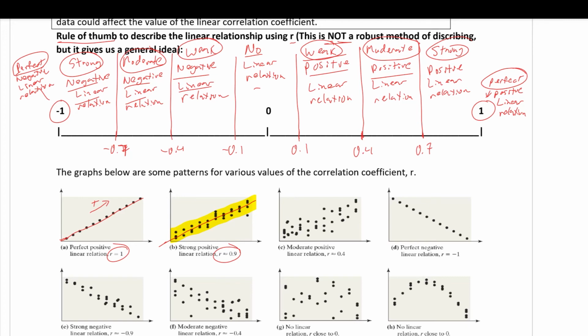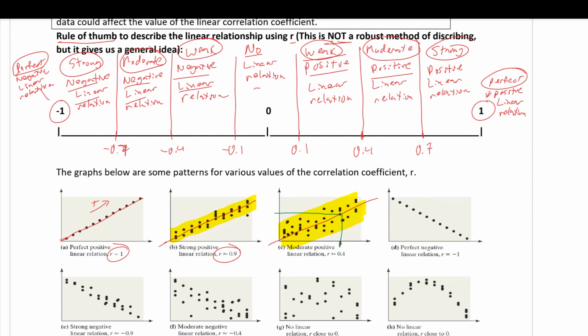Over here, this is 0.4, so it's a little bit in between weak and moderate. You see how the band is a little bit wider, right? So the predictive power of this, if you were to draw a straight line through here, is a little bit weaker, because if I wanted to predict a y value for this, I would actually use this line.